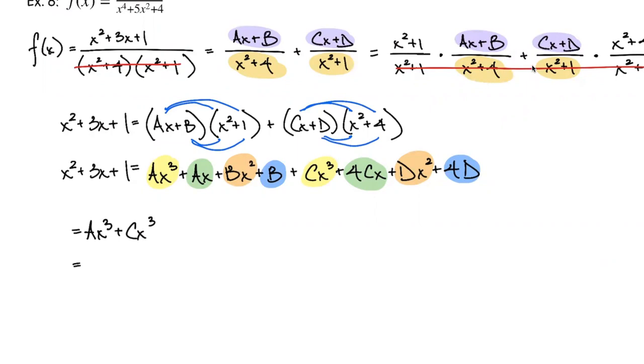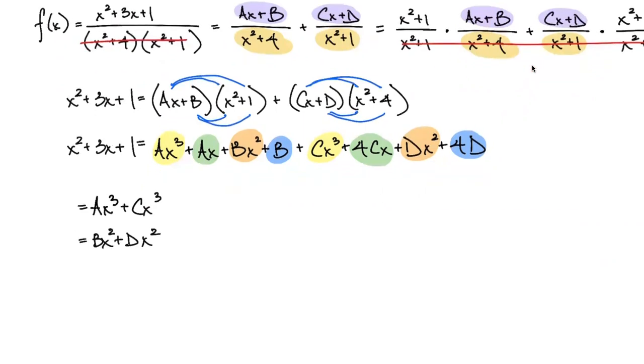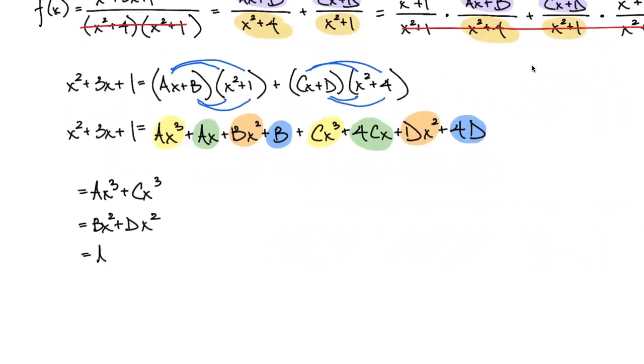I'm going to get bx squared plus dx squared. I'm going to get ax plus 4cx, and I'm going to get b plus 4d, right? But now I have to figure out what they're equal to.